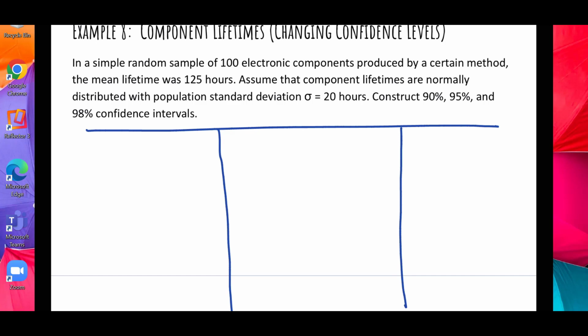All right, so the first time I'm going to do a 90% confidence level, and then a 95% confidence level, and then a 98% confidence level.